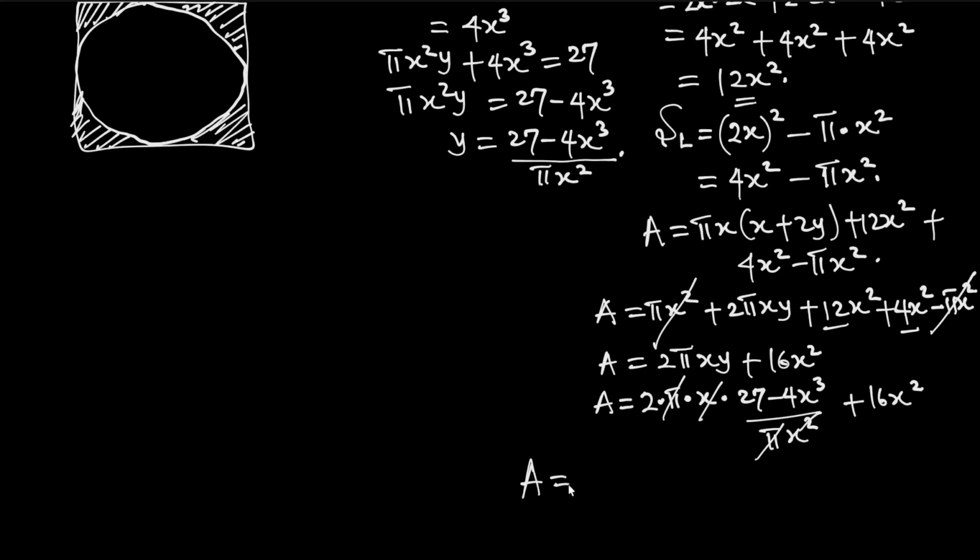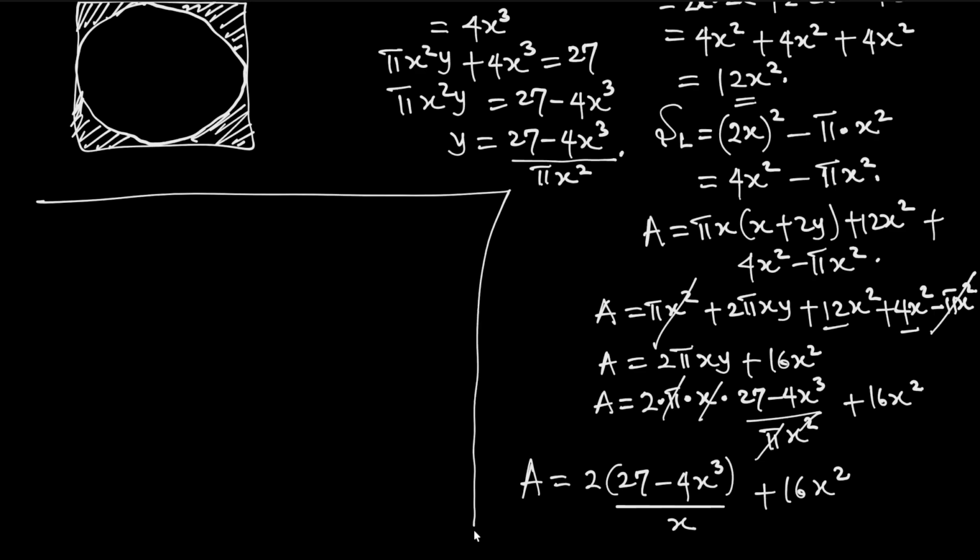So now A equals 2 times 27 minus 4x cubed divided by x plus 16x squared. So I'm just going to finish that off here. Now, when we decide to open the bracket, then this becomes 54 minus 8x cubed divided by x plus 16x squared.